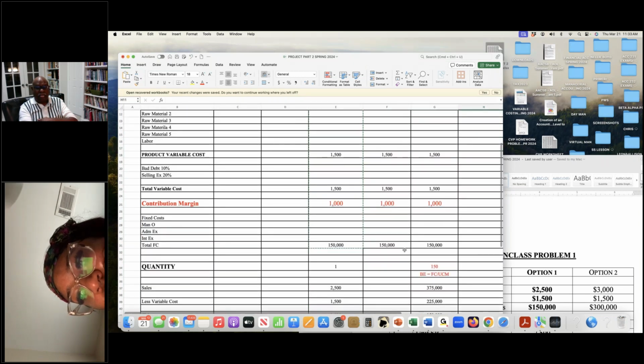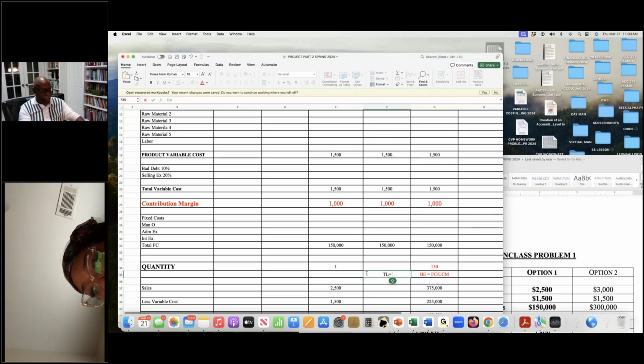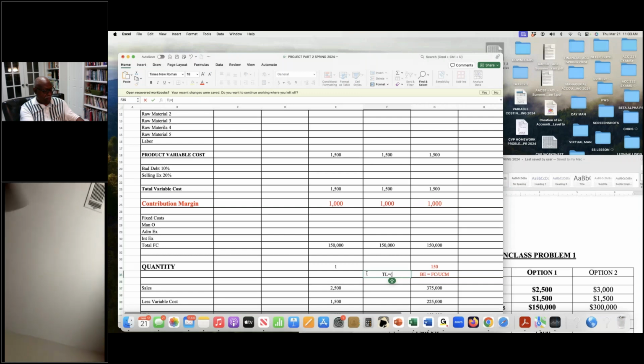But now I need a quantity, and we know that the formula for target loss is going to equal what? The formula for target loss is going to be the fixed cost, minus the target loss amount.